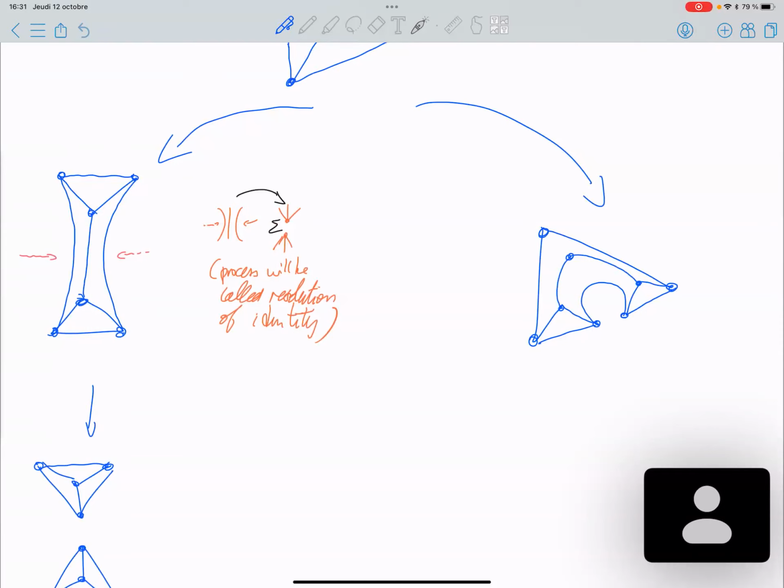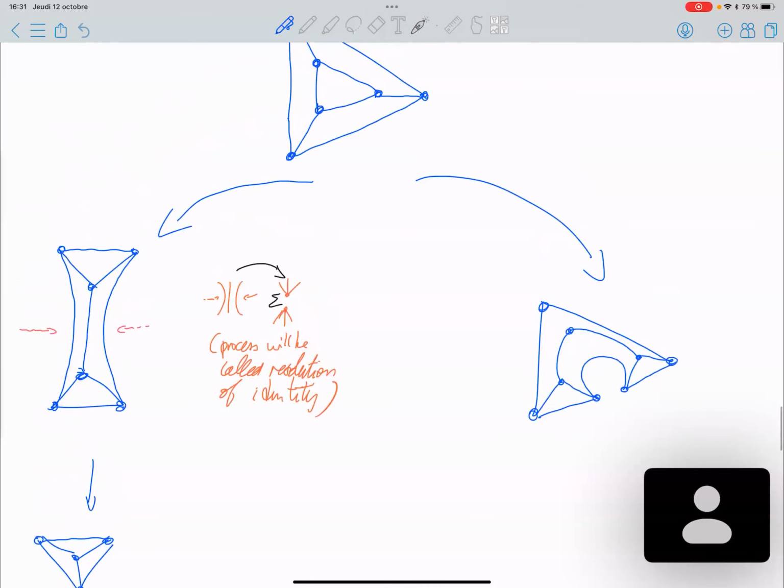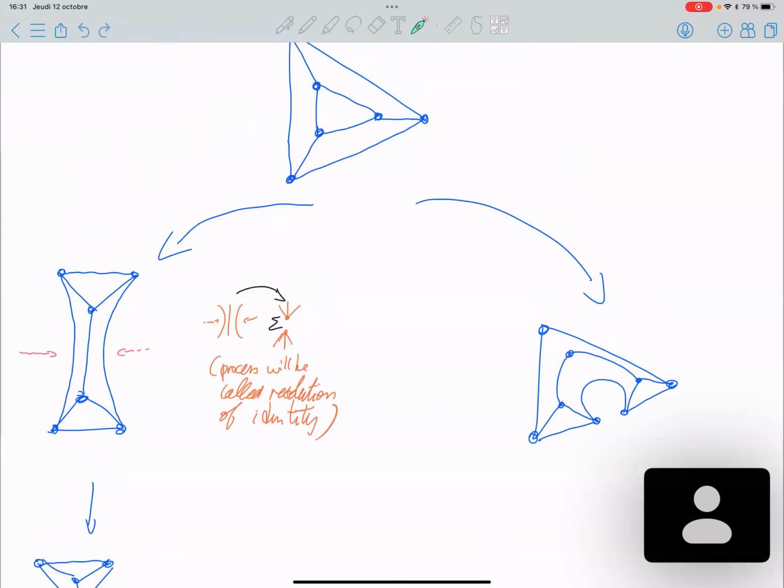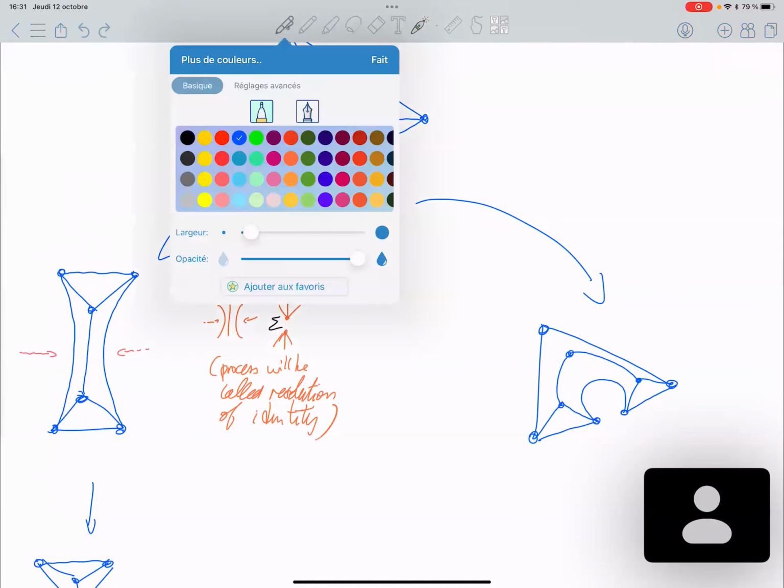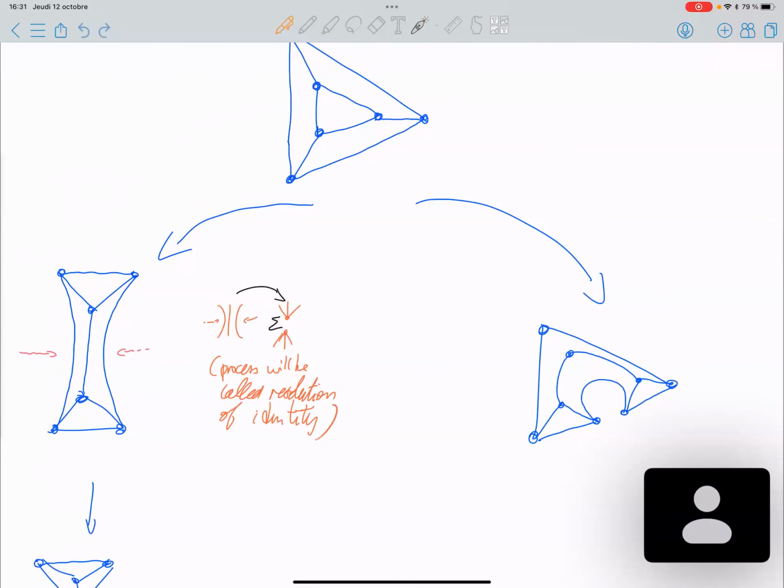Okay. So in fact, here we already did a resolution of identity, which is not written in the Dylan picture, but you see, you have another one here.